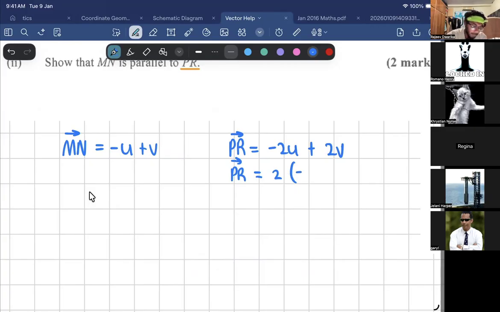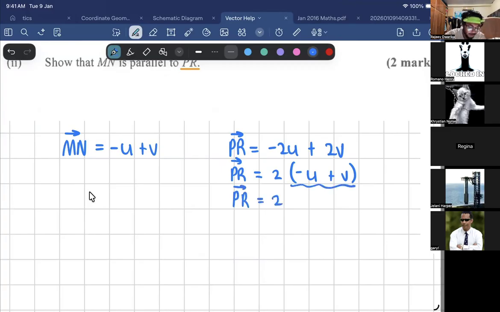Minus what? But you already pulled out the 2, remember? So it would just be minus u plus v. Okay. You see minus u plus v anywhere? Yes, it's in mn. So I could now replace minus u plus v for what?